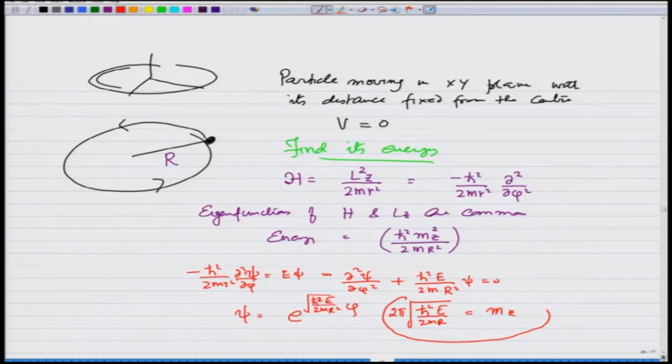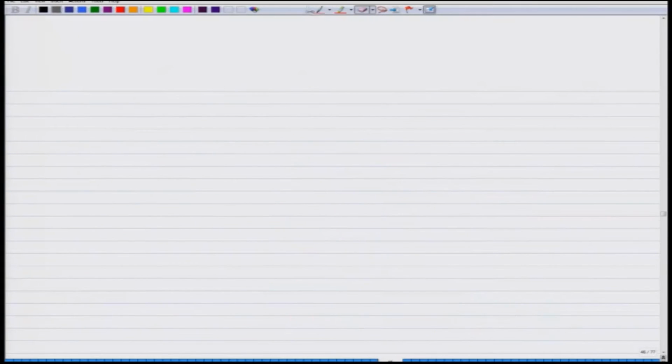So, you can see this also directly by writing the Hamiltonian times psi equals E psi. Hamiltonian we have written as minus h cross square over 2 m, radius is fixed r square, d 2 psi over d phi square equals E psi.